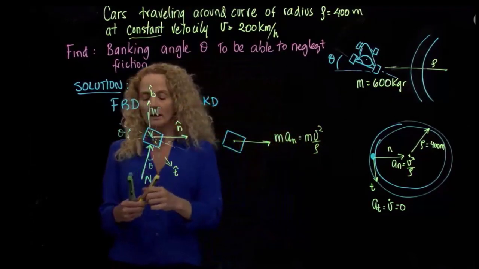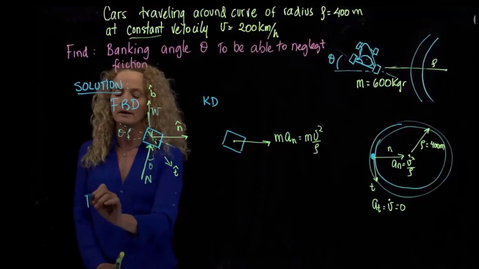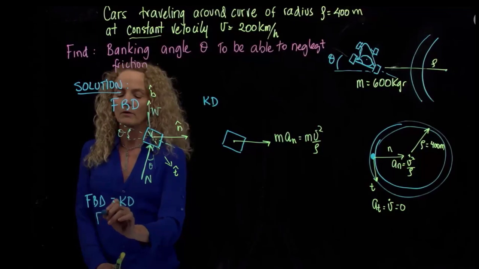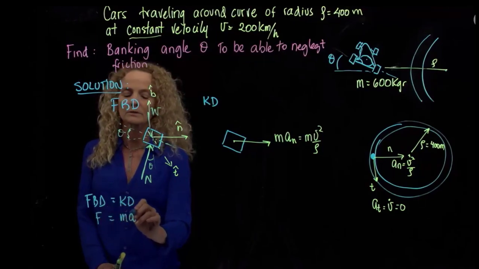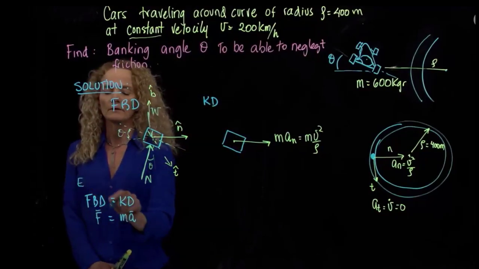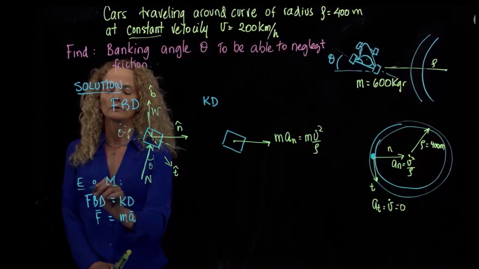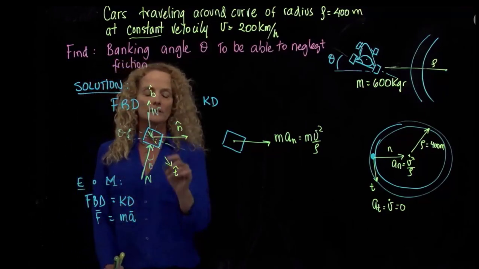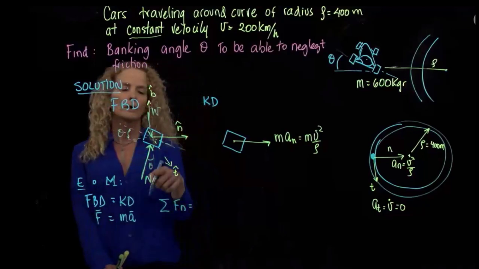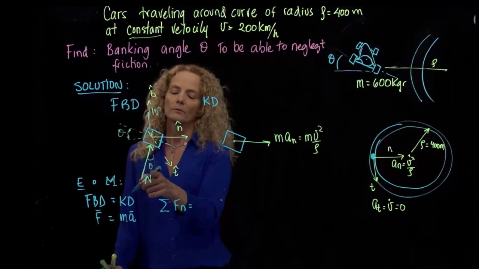Now that we have our free body diagram and our kinetic diagram, we know that the free body diagram is equal to the kinetic diagram because my forces are equal to mass times acceleration. This equation is vectorial. Those are my equations of motion. So I will add forces in my normal direction. What do I have in my normal direction? The weight does not contribute, but the normal force does.